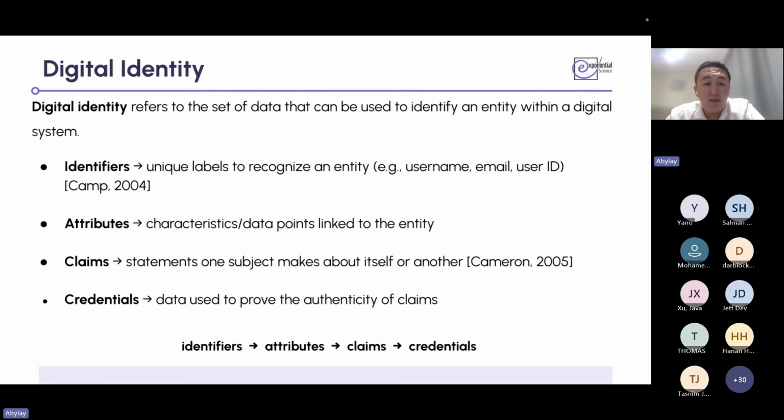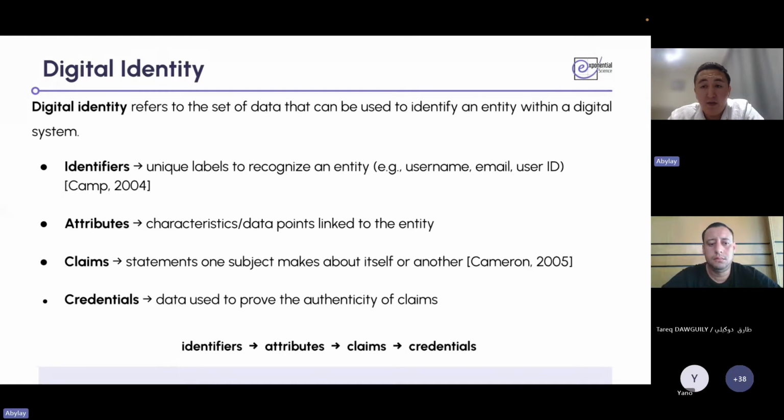In the literature, we have different terms related to this data. For example, identifiers, which were defined as unique labels to recognize an entity, like a username, email, or user ID. We then have attributes, which are the characteristics or data points linked to that entity. And we have claims, which are statements one subject makes about itself or another.